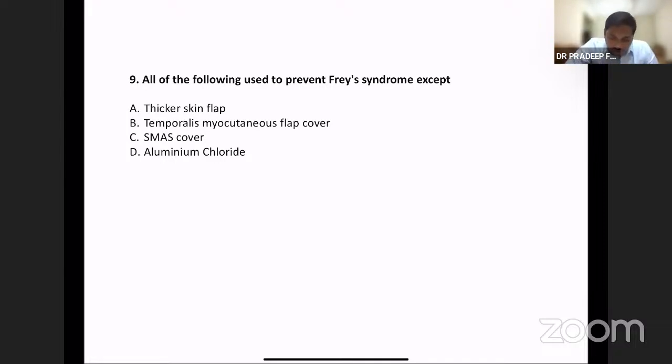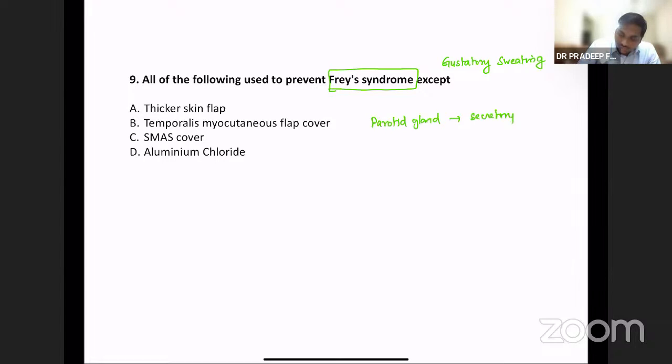All of the following are used to prevent Frey syndrome except. So what do you mean by Frey syndrome? Frey syndrome is nothing but gustatory sweating. You all know that any salivary gland, including the parotid, gets its secretory fibers from the parasympathetic system.